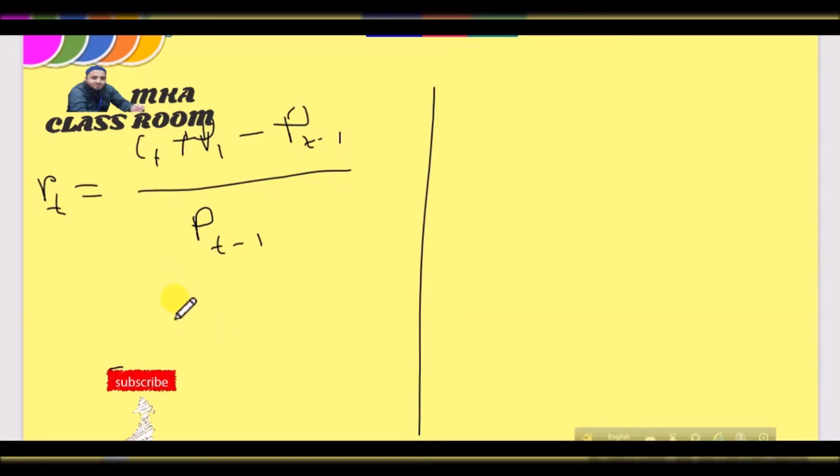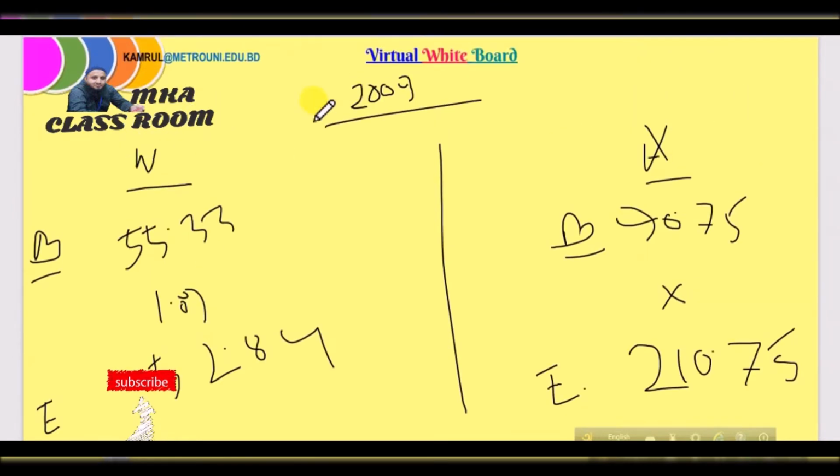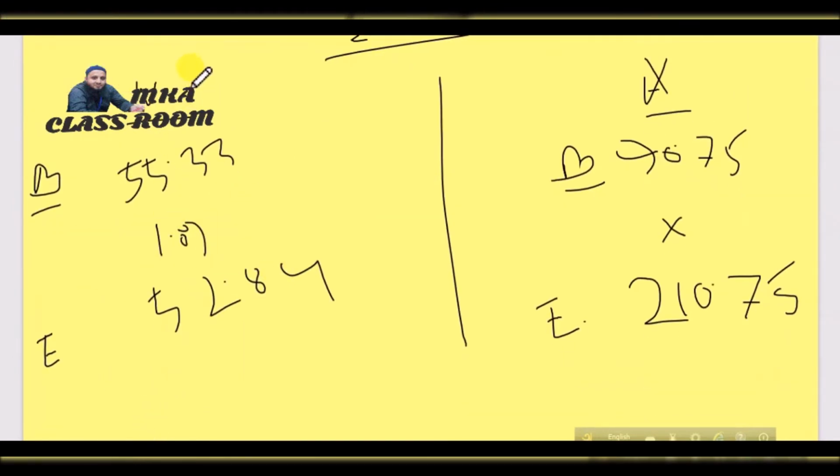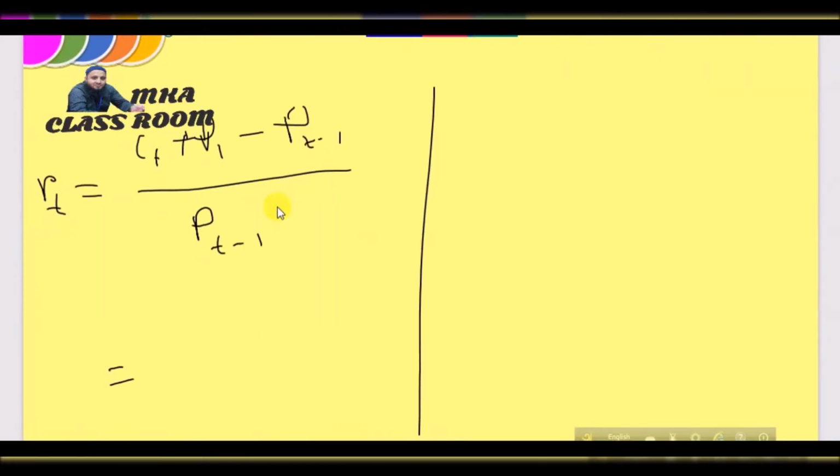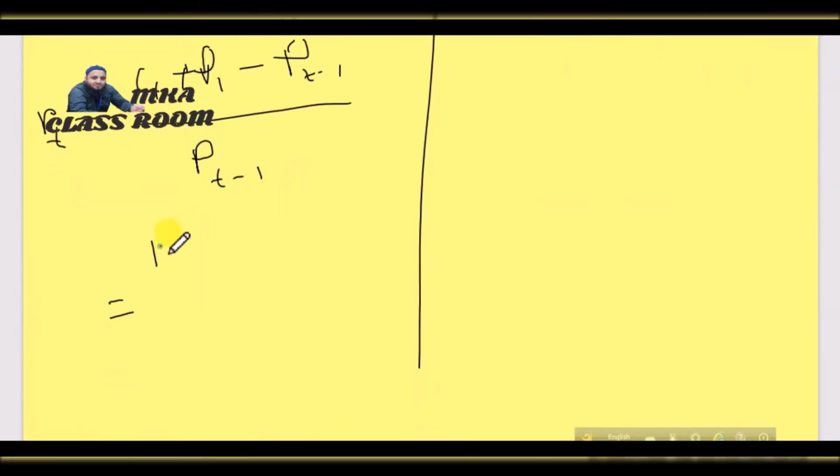C_t is cash received during the period. This is 2009's data, the total year's duration, from the beginning to the end of the period. So cash received during the period is 1.09 taka as a dividend. Plus P_t, the present price.